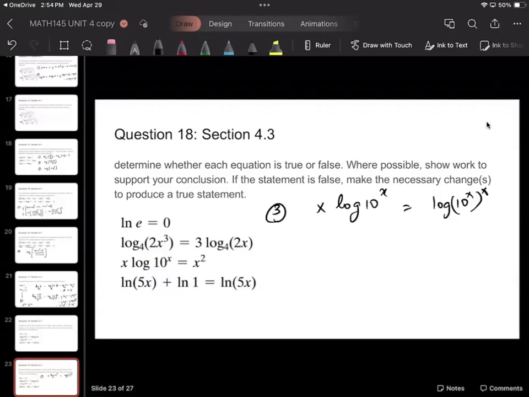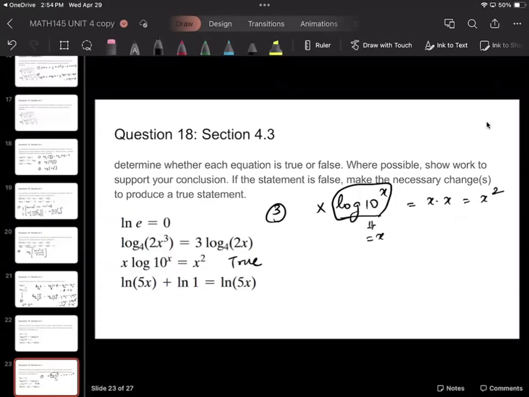The power rule says that, or you can do one more thing. You can do it like this, or maybe there is an easier way to show this. You know that 10 to the power of log x is equal to x. So this becomes x times x, which is x squared, right? So this statement is true.